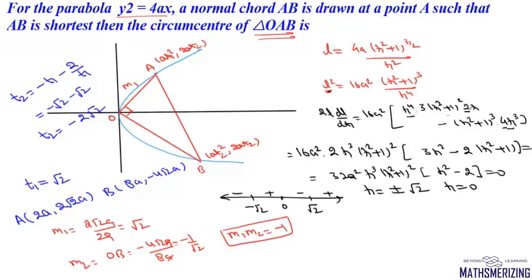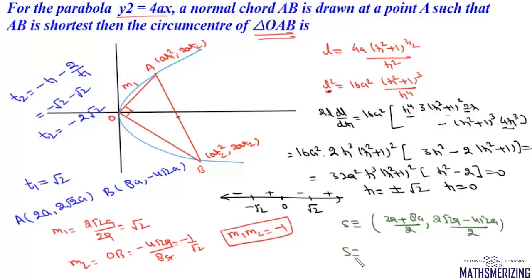Now in a right angle triangle, circumcenter is midpoint of hypotenuse. So that means circumcenter of this triangle OAB, which is say S, is given by midpoint of A and B. Now A is 2a and B is 8a. So S is given by (2a plus 8a)/2, and then (2 root 2 a minus 4 root 2 a)/2.